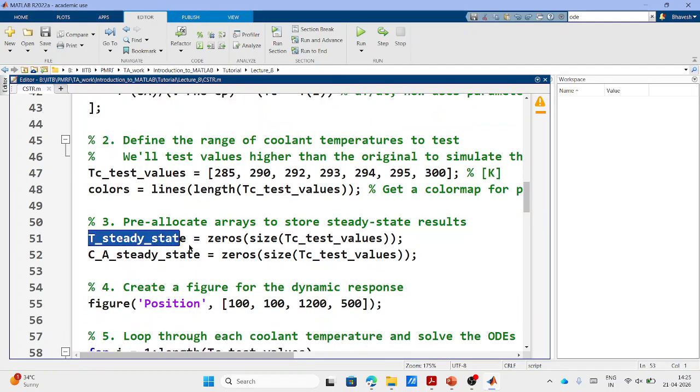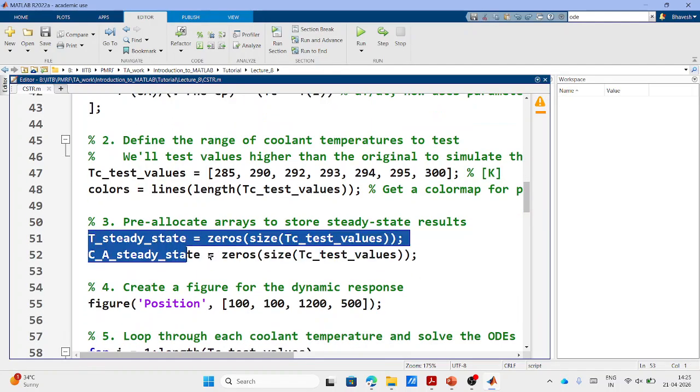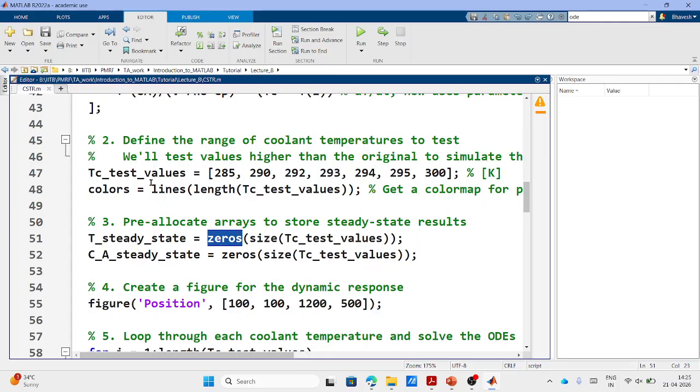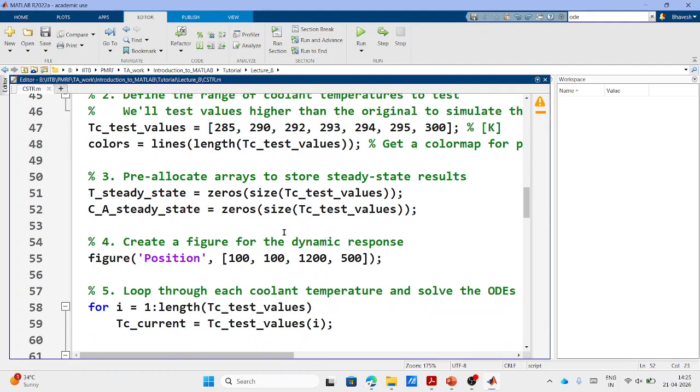So I'm creating vectors for temperature and Ca, the steady state temperature value and the steady state concentration value. Their size will be exactly how many Tc values I have. So I created a zero vector which has the size of Tc test, and the same way for the concentration also.